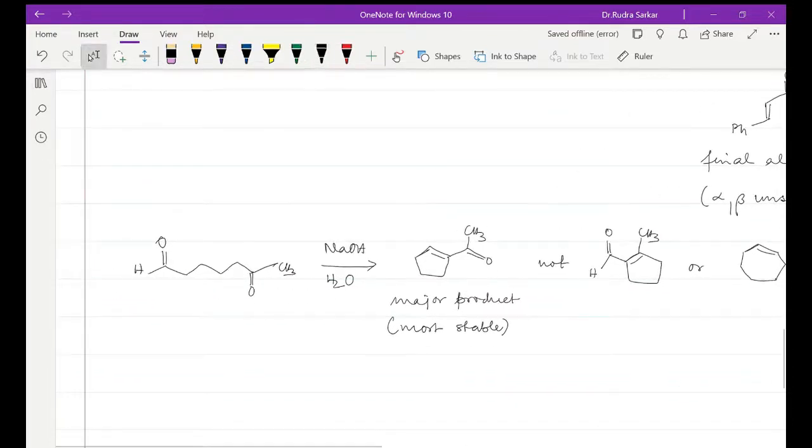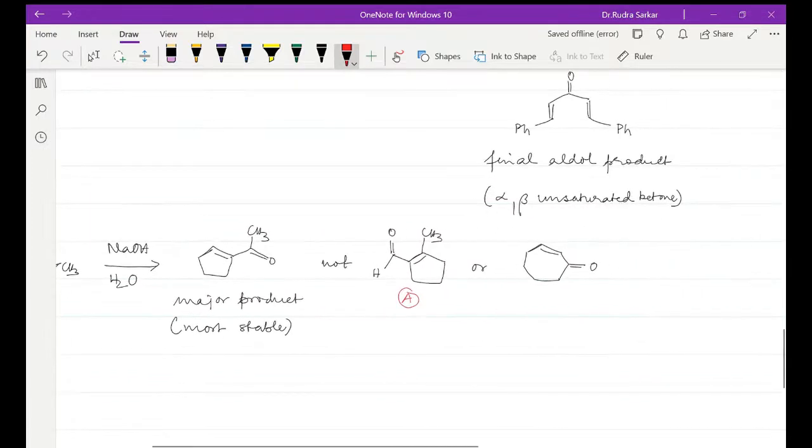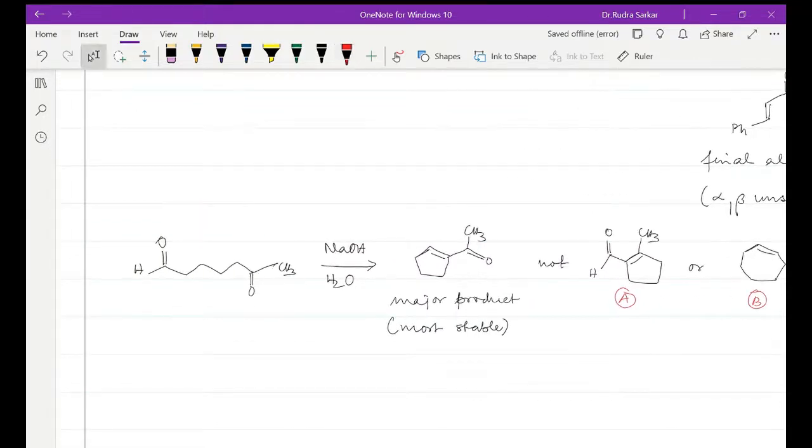Why is this? Why are we saying that A and B are not our favorable products, but this molecule is?